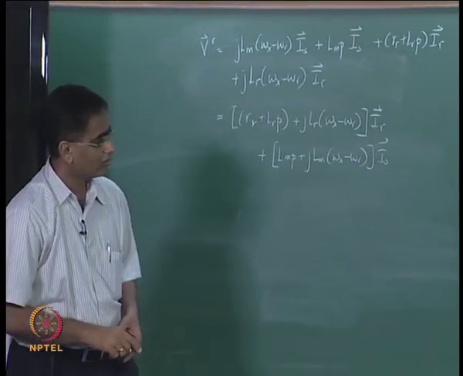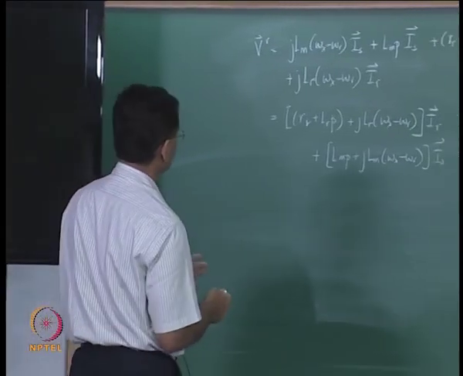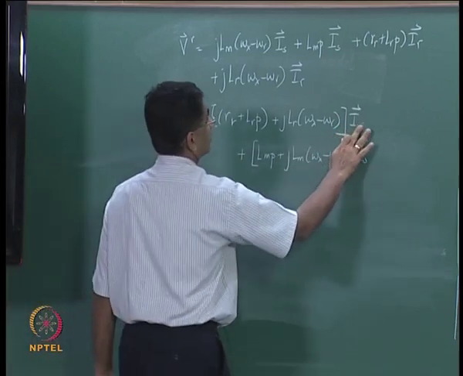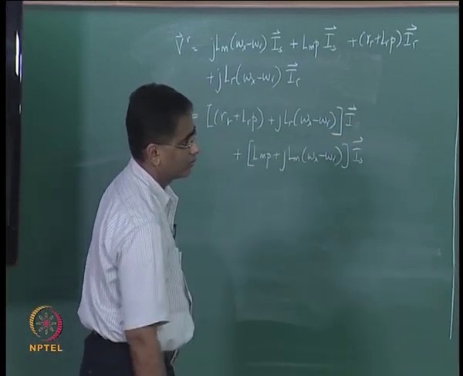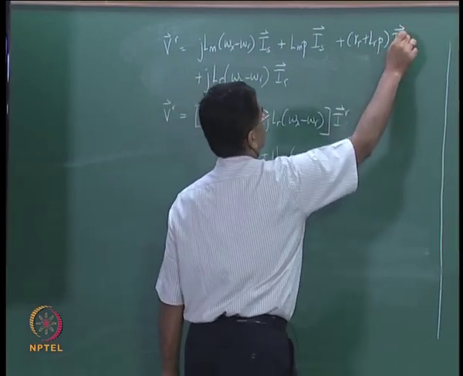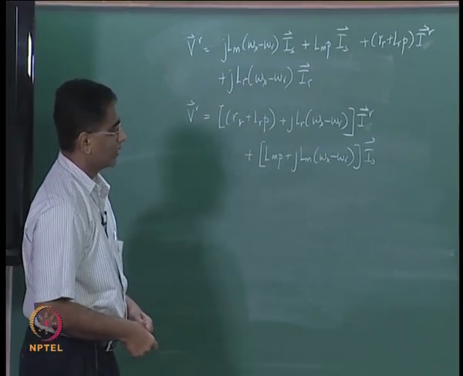So we have achieved a certain simplicity in the equations. I think I had written the rotor current with an R in the superscript to denote the rotor. So that is what we have.